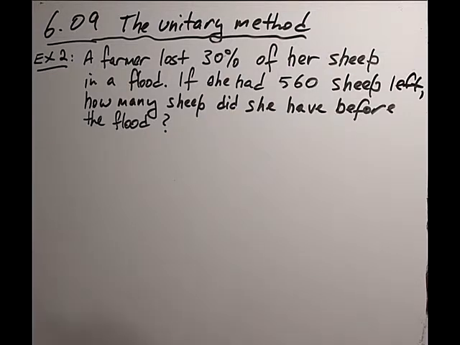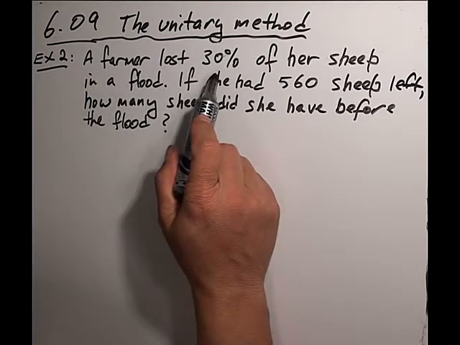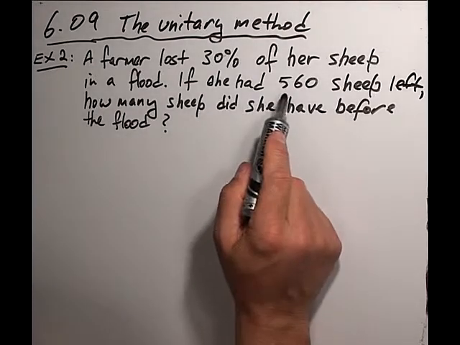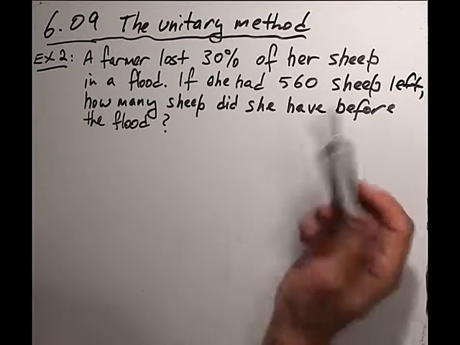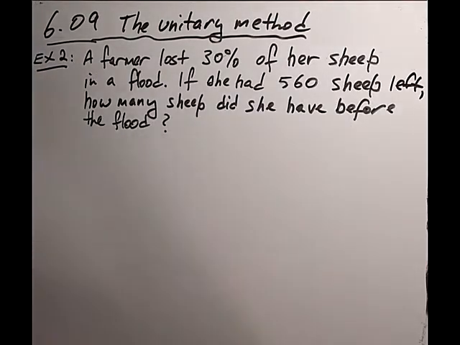So let's now do this example using the unitary method. The example says a farmer lost 30% of her sheep in a flood. If she had 560 sheep left, how many sheep did she have before the flood?